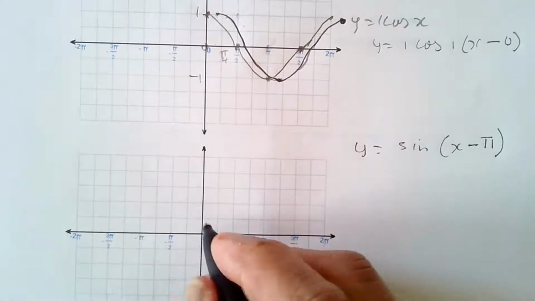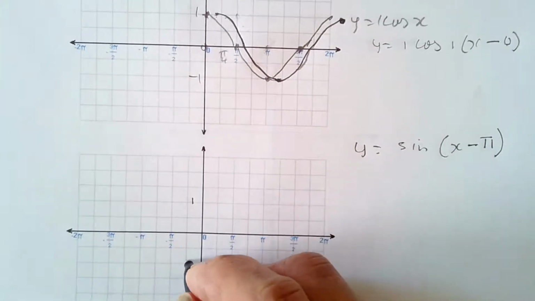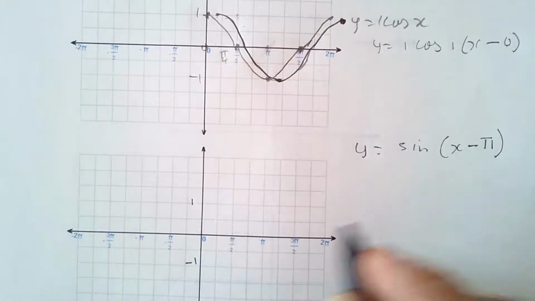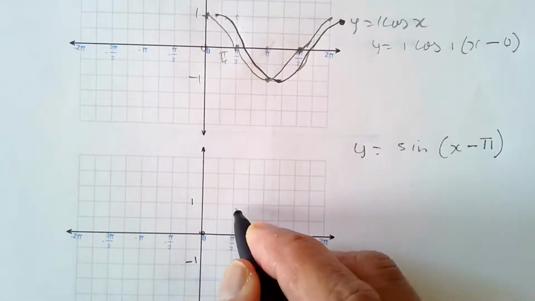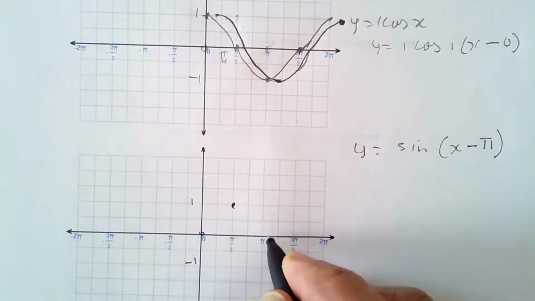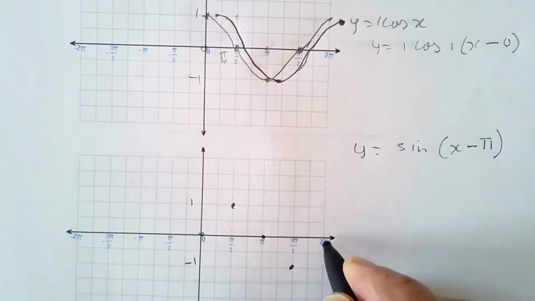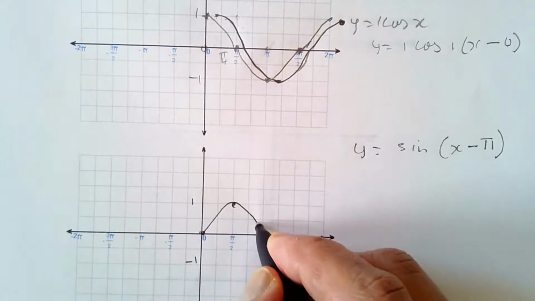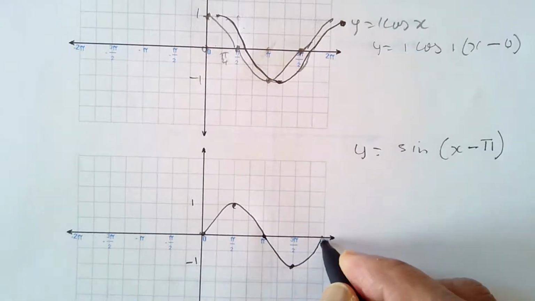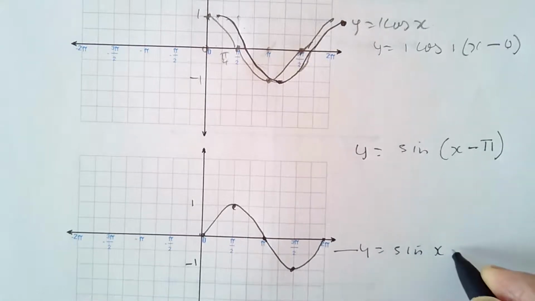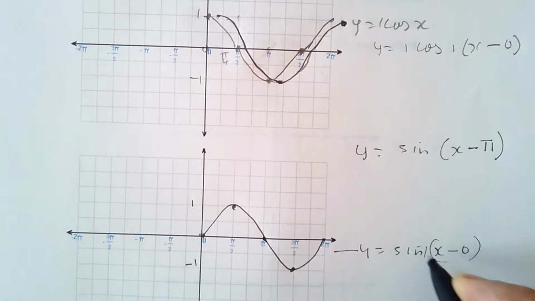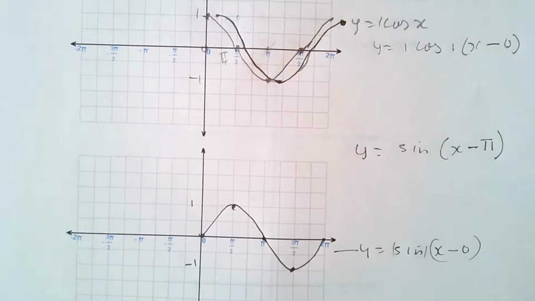Now this is my regular sine graph, so we have 0 and work out the full graph.